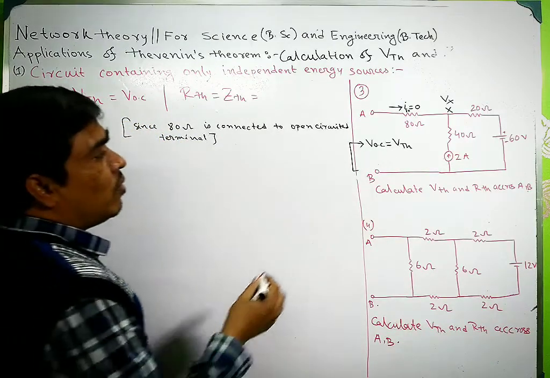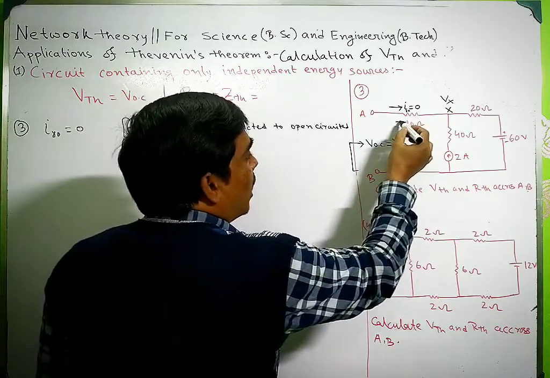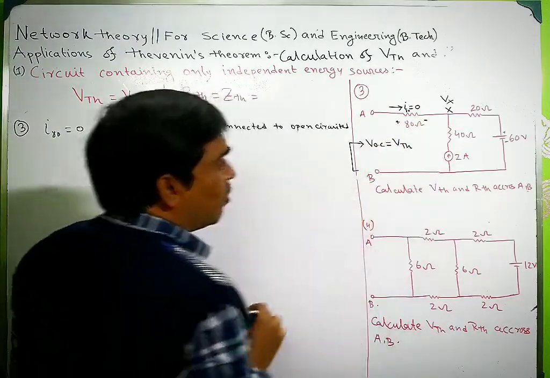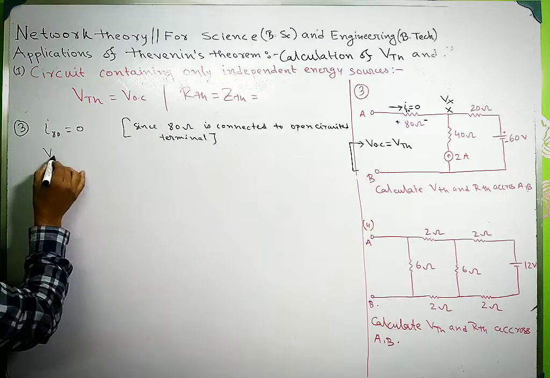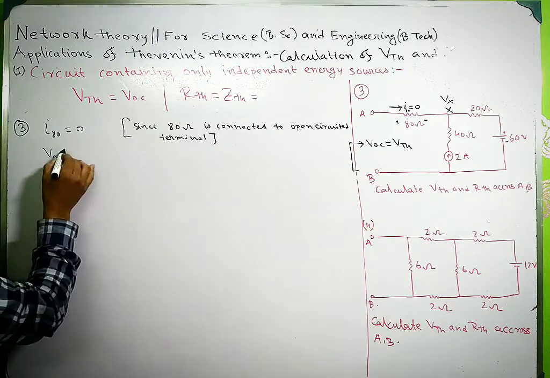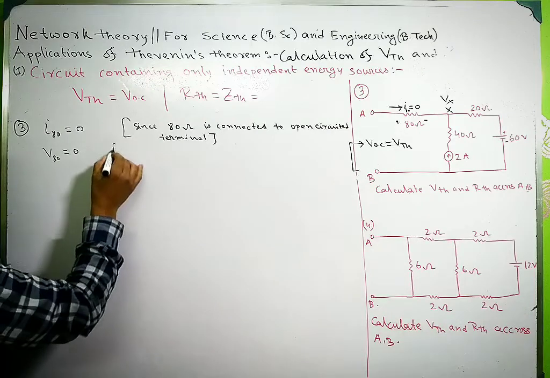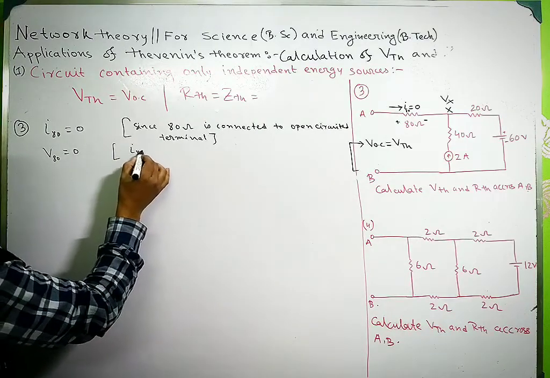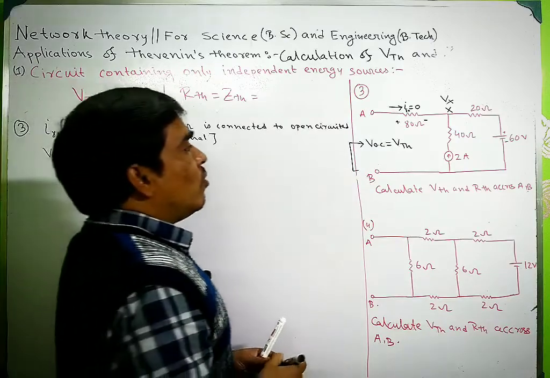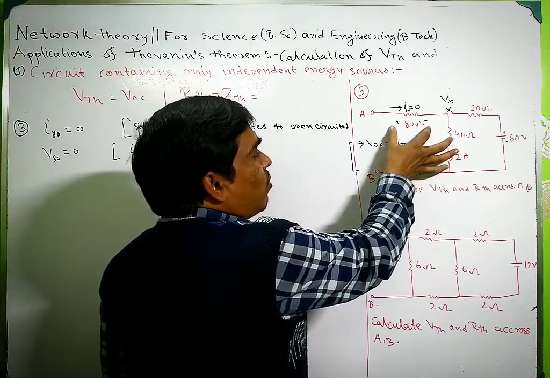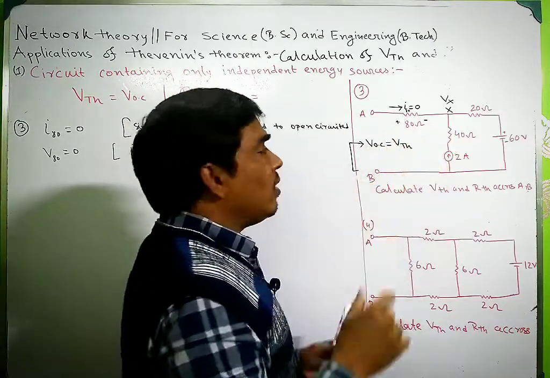Number 2, the voltage drop across this 80 ohm resistance must be 0, because I80 equals 0. So there is no voltage drop across this 80 ohm resistance.